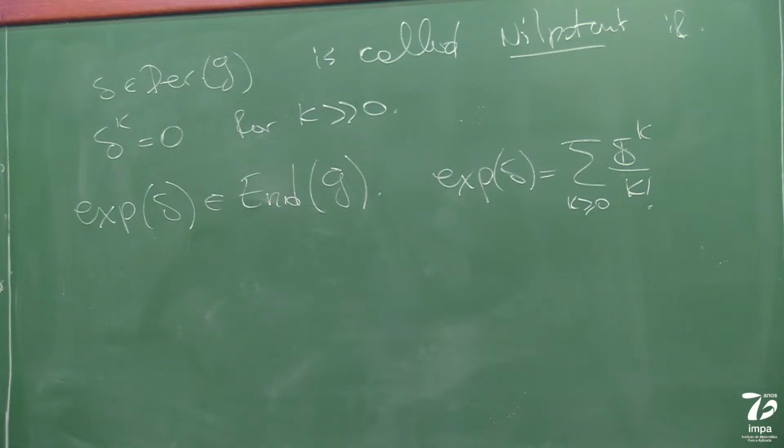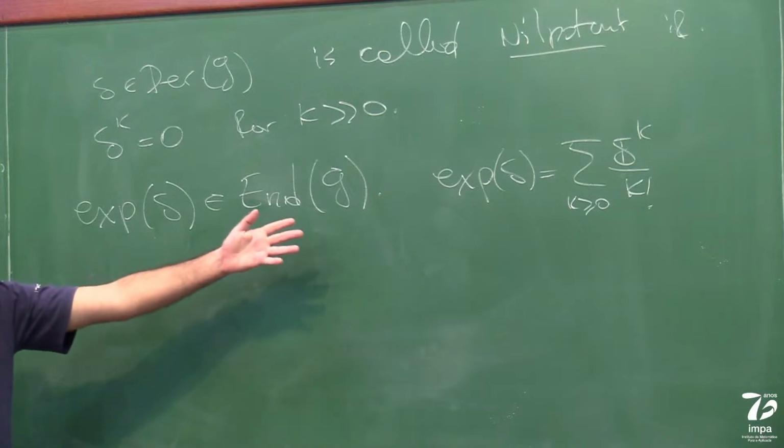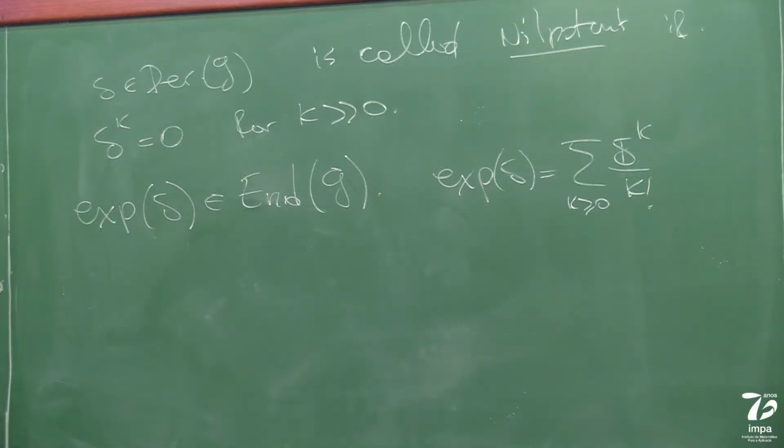And it's important that I'm restricting to nilpotent derivations, otherwise I need to deal with infinite sums, and that's why convergence plays a role in those notes. But I'll just restrict to nilpotent derivations. So once you have this thing, the claim is that this is an automorphism of G.